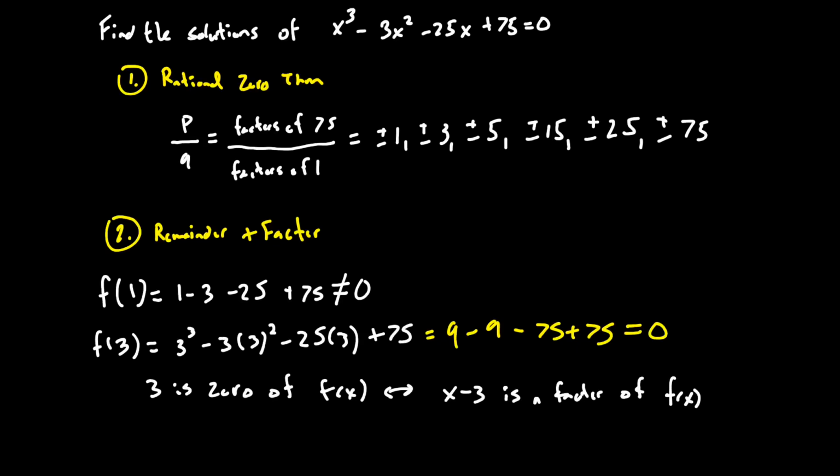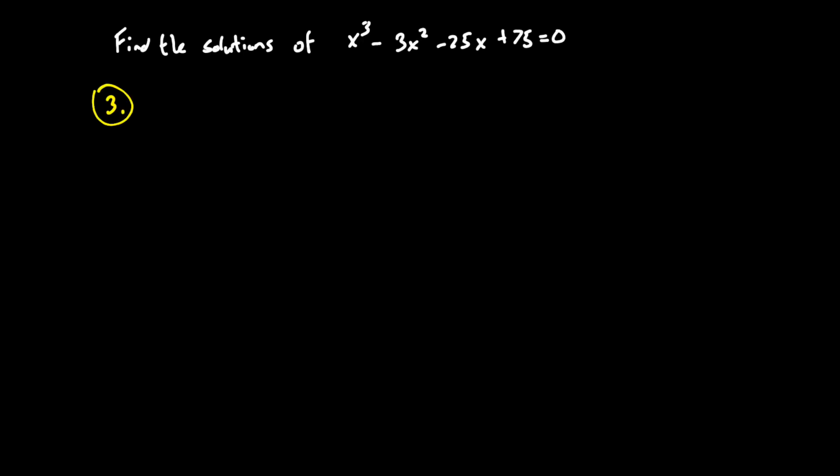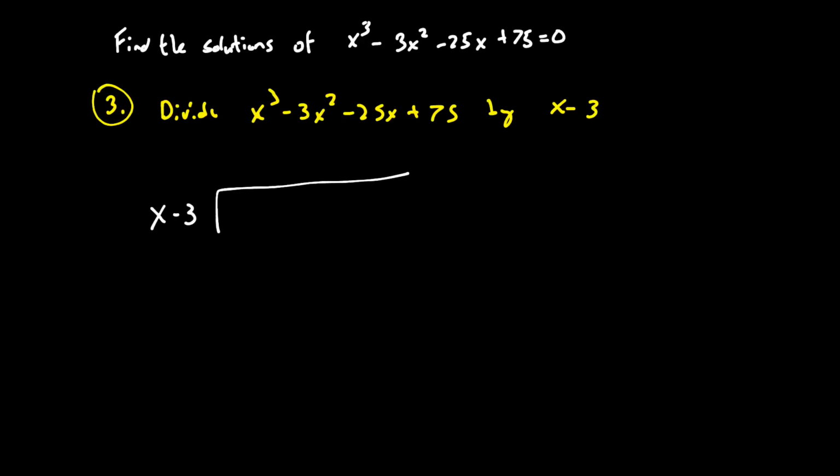So step 3, we want to divide our x cubed minus 3x squared minus 25x plus 75 by our x minus 3. We'll go into x cubed minus 3x squared minus 25x plus 75. First, we want to get rid of the x cubed, so we're going to multiply by x squared. This gives us x cubed minus 3x squared.